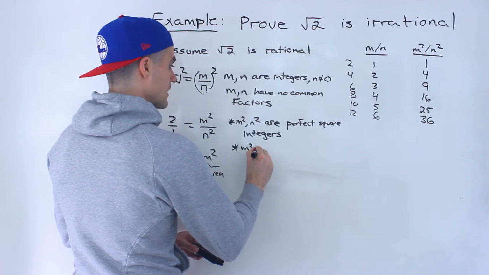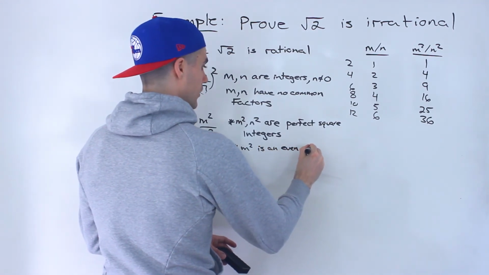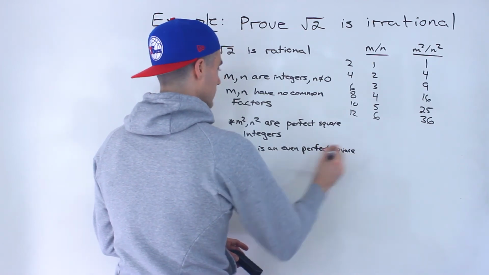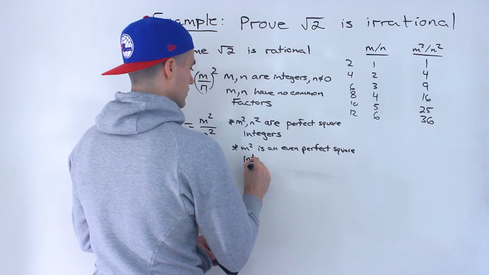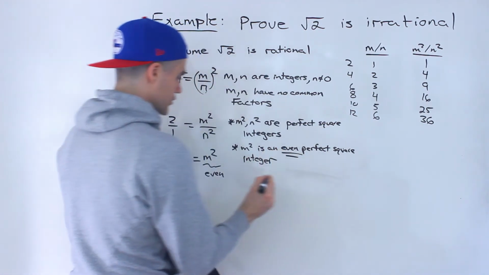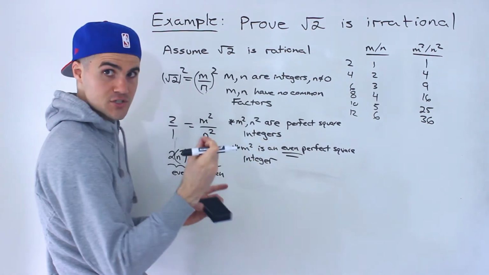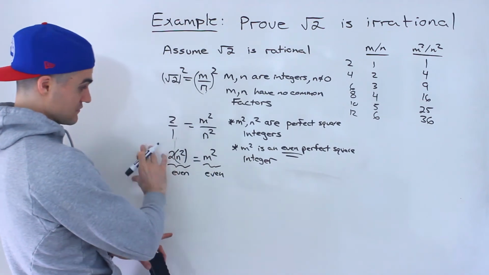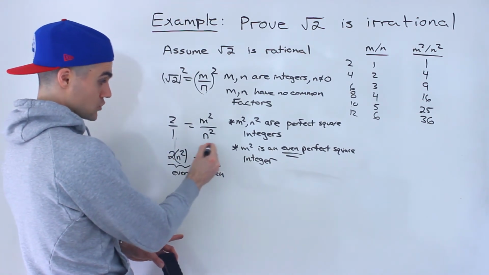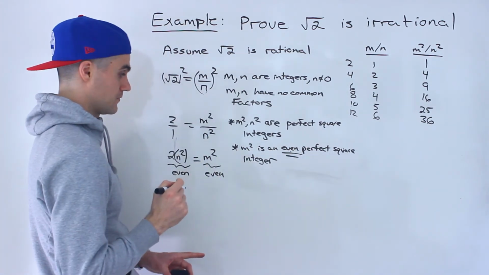So m squared is an even perfect square integer. Right? So we just added this new characteristic to m squared. Before, we knew m squared has to be a perfect square integer. Well, now because of this here, 2 times an integer gives us an even integer. So m squared is an even perfect square integer.